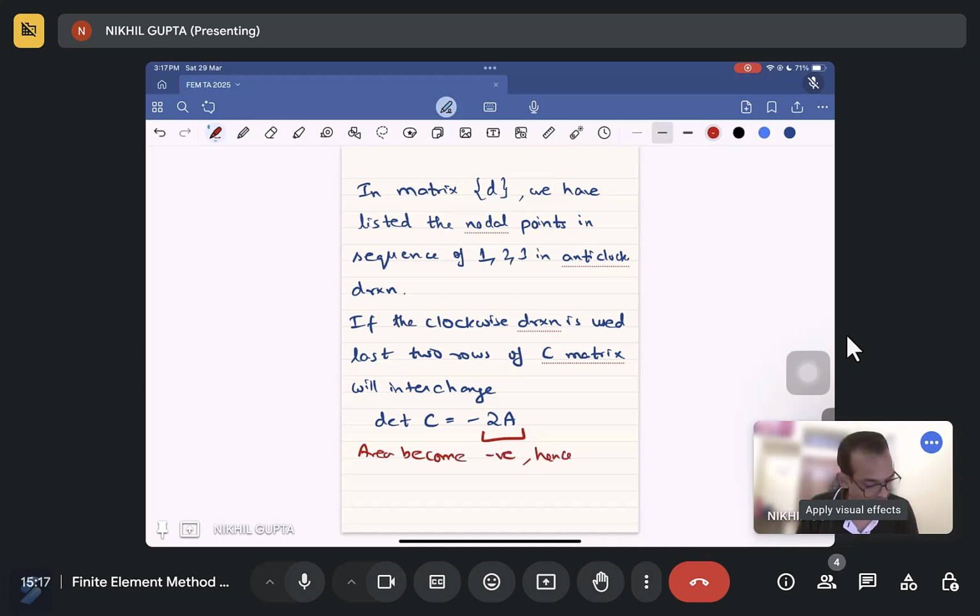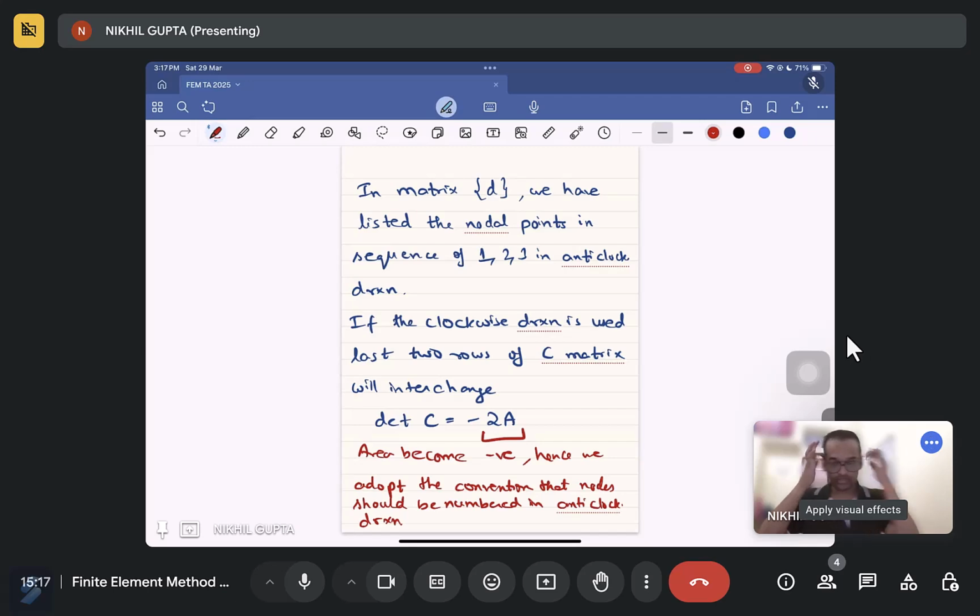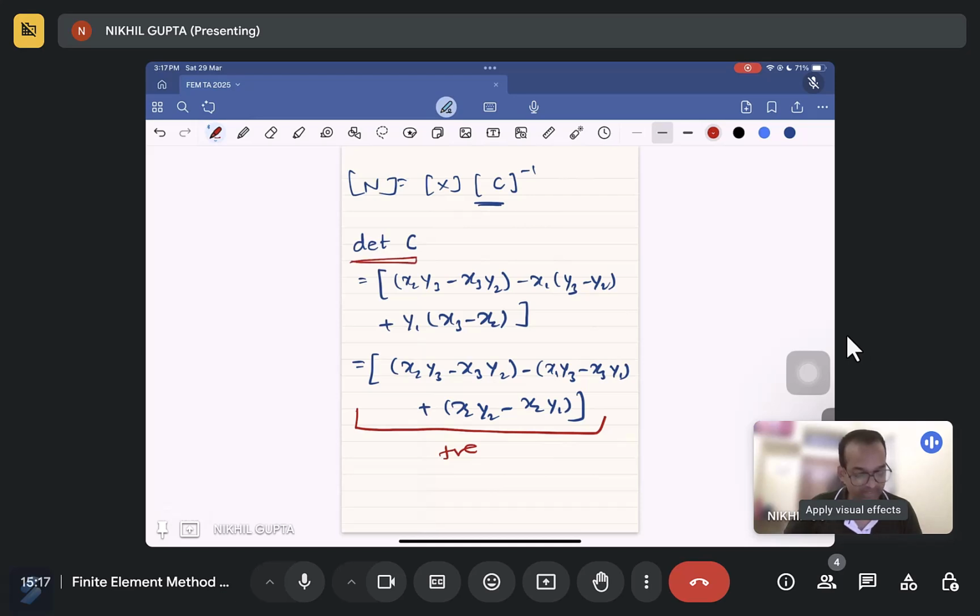Hence we adopt the convention that nodes should be numbered in anti-clockwise direction. Whenever you mention the nodes in the clockwise direction, this determinant will become negative, and this determinant is equal to the area, which cannot be negative. So it's a convention to use anti-clockwise direction.